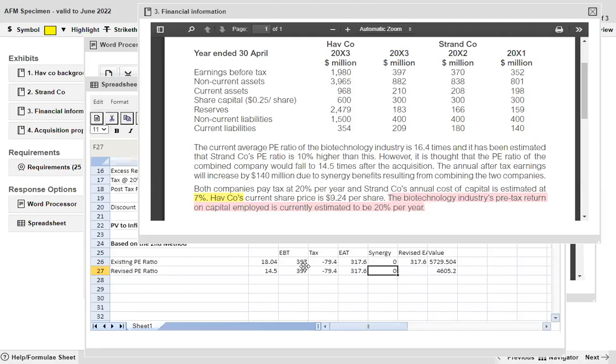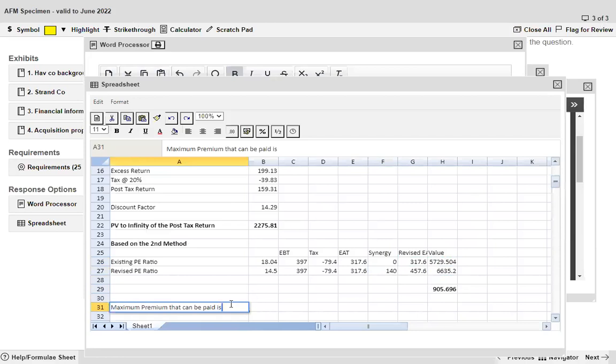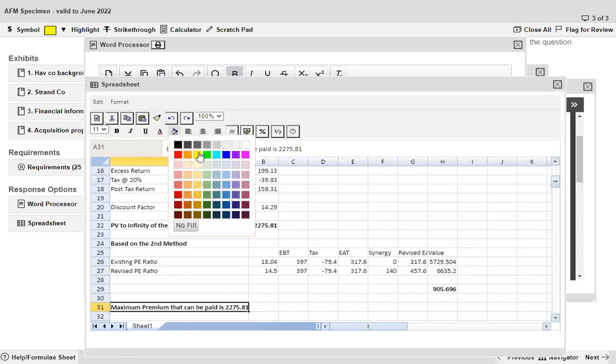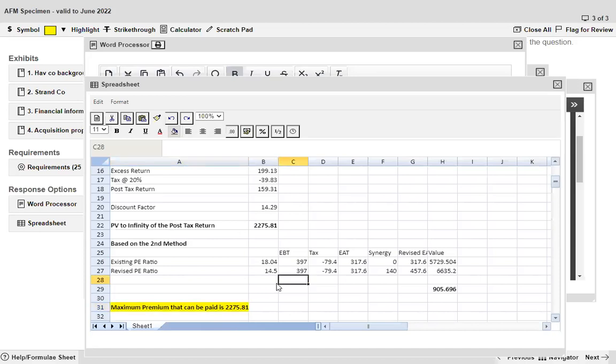And the synergy over here is expected to be 140 million. Now, the additional value that is going to arise is this 905. So based on the above, the maximum premium that can be paid is 2275.81.